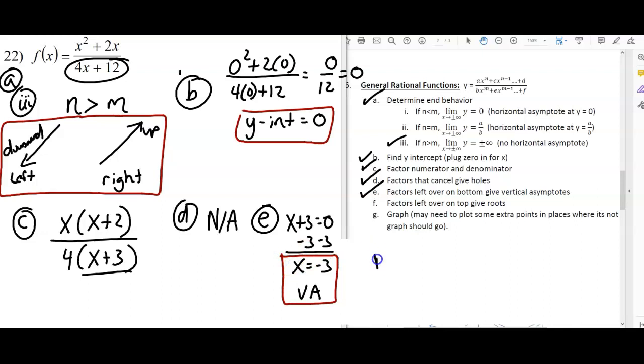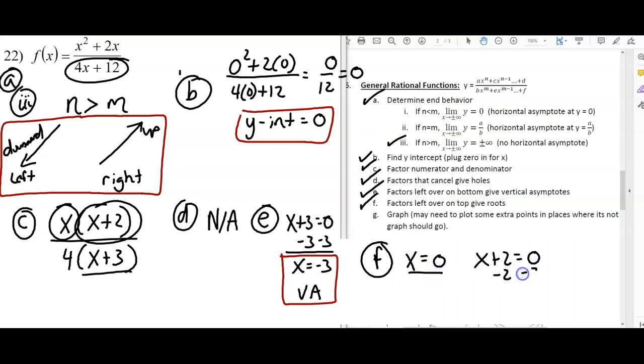Let's go ahead and take a look at the last one here, part F. Factors left over on the top give us roots, so I have 2 of those. We have x equals 0, and we have x plus 2 equals 0. So this one's done already, but this one we need to subtract 2 on both sides. And so these are my roots, or in other words, that's the places where it touches the x-axis.